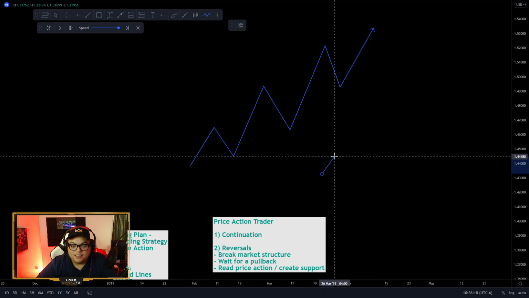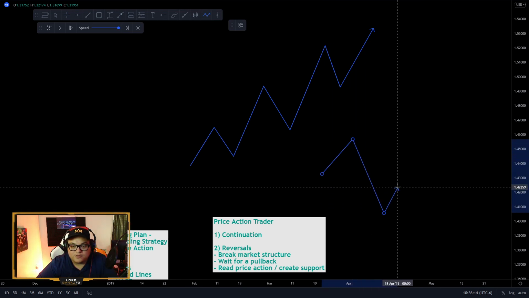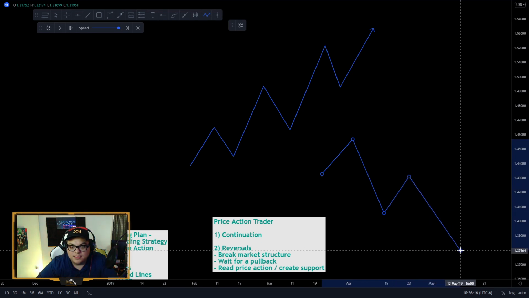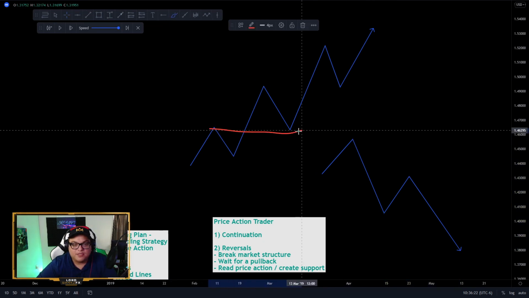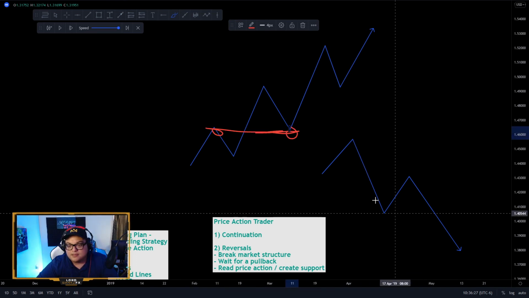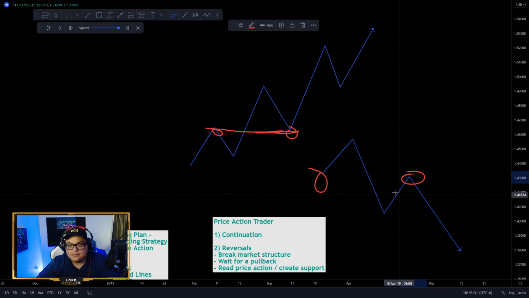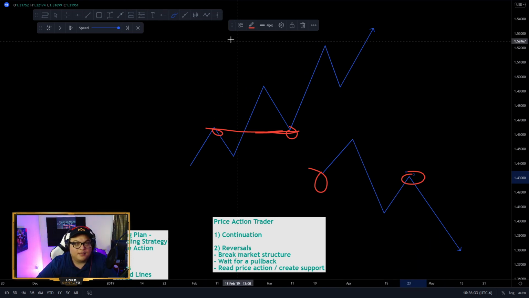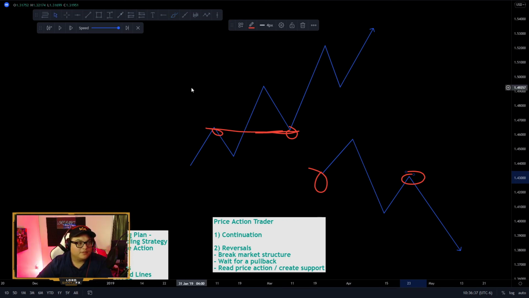Or you're going to see a price reversal to the downside. Either one of these, where you're looking to get in is always going to be at the retest. Retest, retest. Here's the break, retest. Right? Now, let me get rid of this stuff so you guys can see.